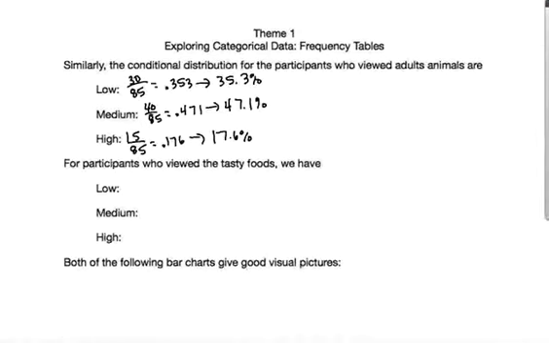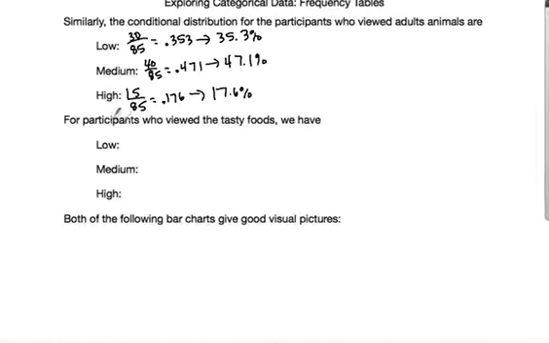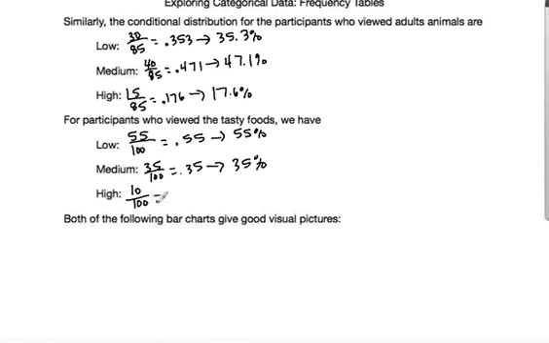So we're going to say 55 out of 100, 0.55, 55%. For medium, we would have 35 out of 100, 0.35 or 35%. And high, we had 10 out of 100, 0.10 or 10%.